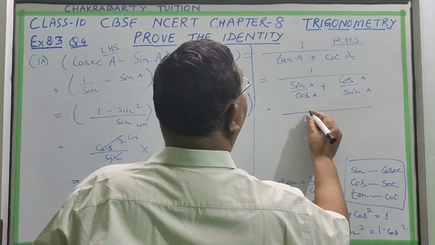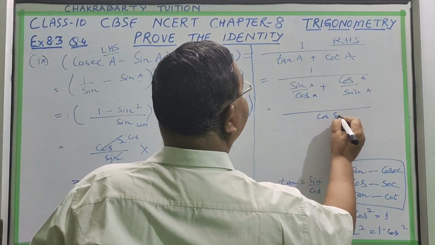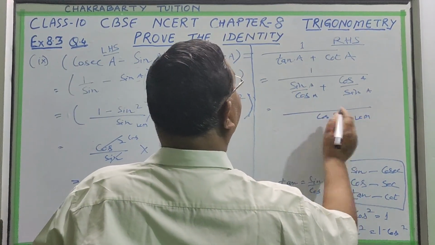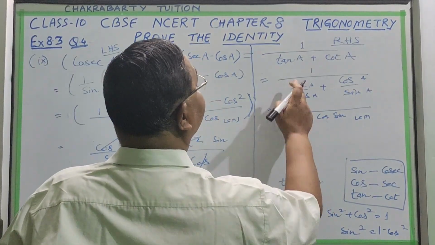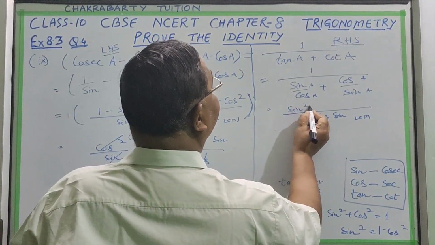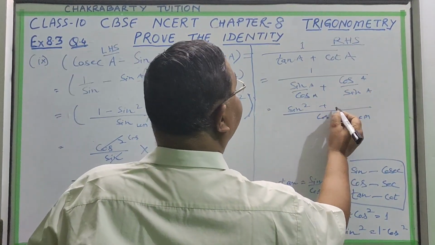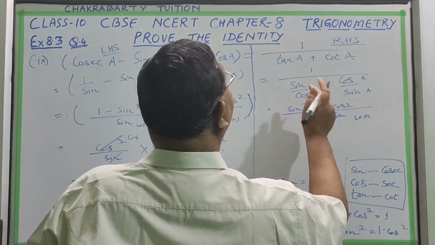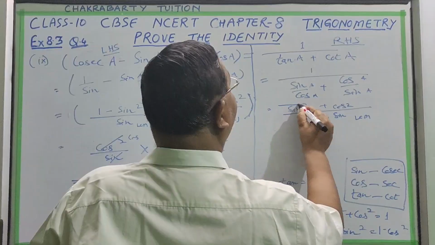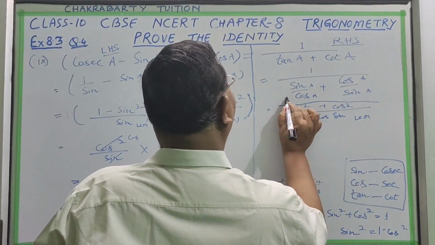Our LCM is cos sine. Cos will divide it, sine will come, and it will become sine square, plus sine will divide it and cos will come, it will make cos square. Upper portion 1 will remain.